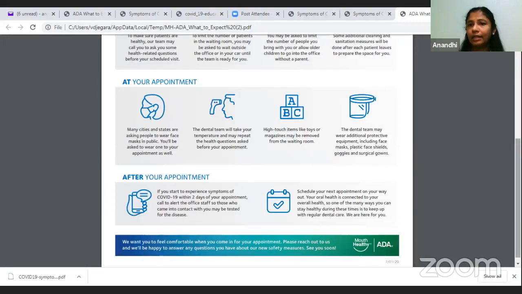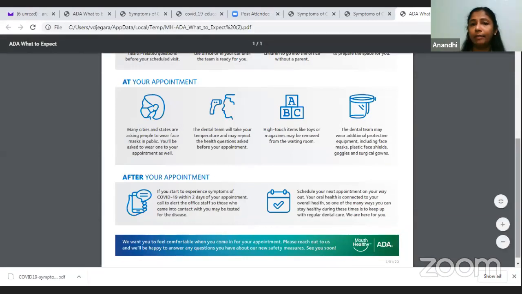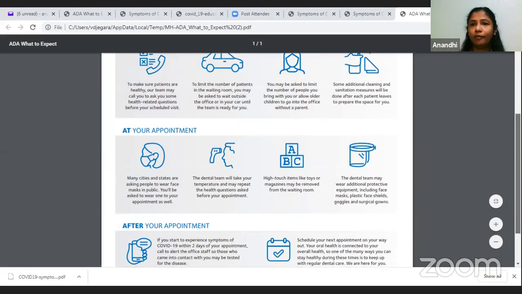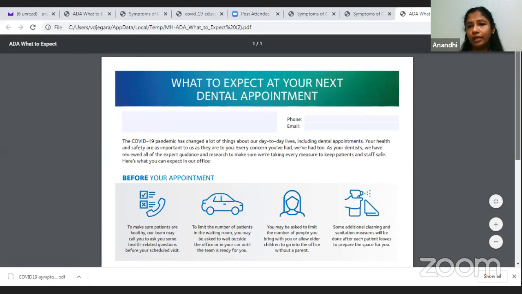But just in case, for anyone who was there at the time, we have to report and tell them to quarantine themselves for a couple of days. We have a checklist for them. Yeah, so this is what we email our patients before they even come to the appointment.